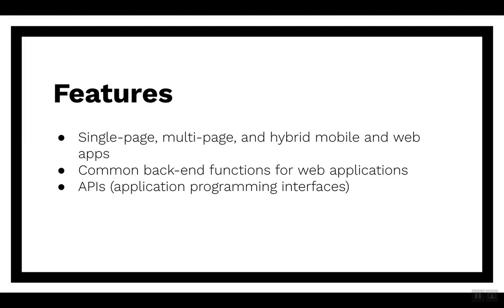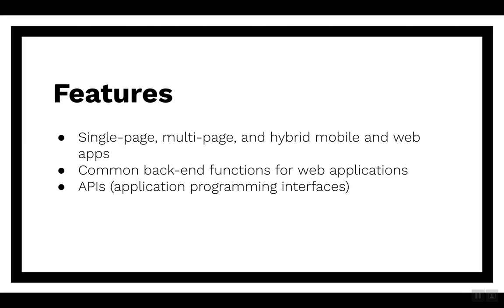So let's look at some of the features of ExpressJS. ExpressJS allows us to create single page, multi-page, and hybrid mobile and web applications. When you think of the previous example that I gave you about e-commerce, that was just for a web application, but it can be used to create mobile applications as well. Consider an example like Uber or Lyft or Uber Eats, in which you order a cab using the phone, but the request is again sent to the backend, and the backend orchestrates all of the relevant pieces of information and sends the response back to your mobile application.